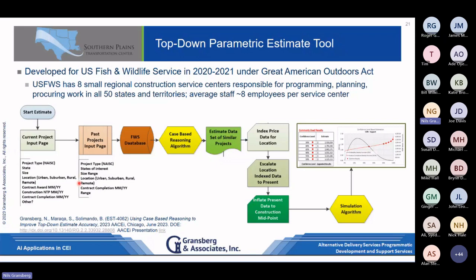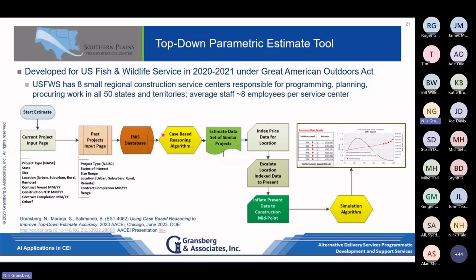Hey, this is a housing project, so don't pull anything that's a road. Only look at housing. Or this is a building project, so choose any of the building projects. Or this is roads and trails, so I don't want to see any building projects. Or I think this is small, so choose small projects. Or this is in a remote area, so only choose remote projects. Those kinds of things, and then it goes to the database.